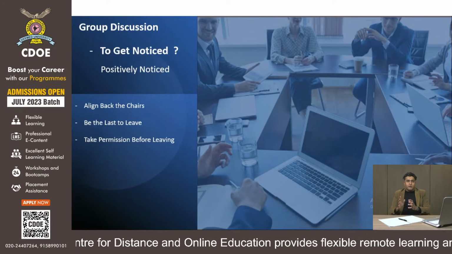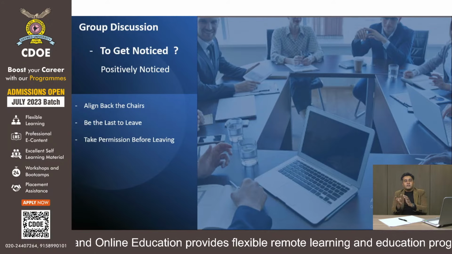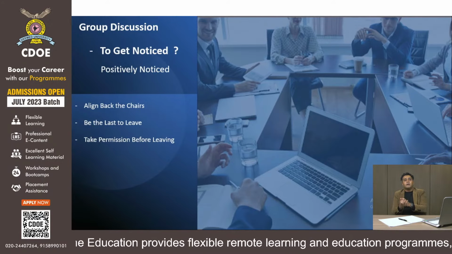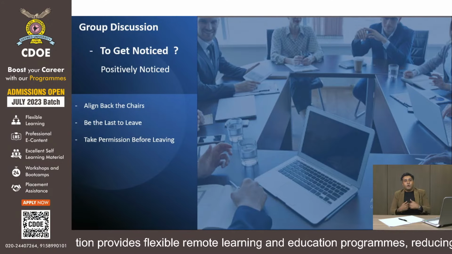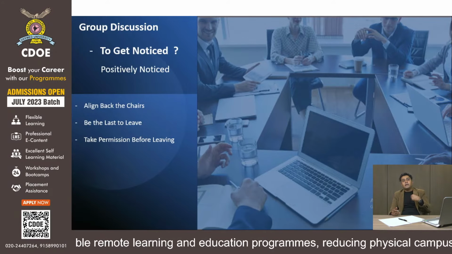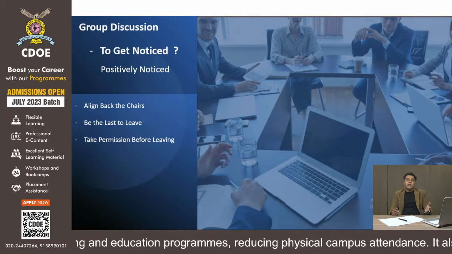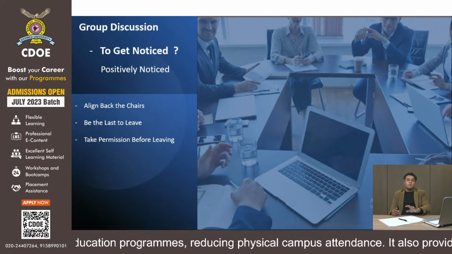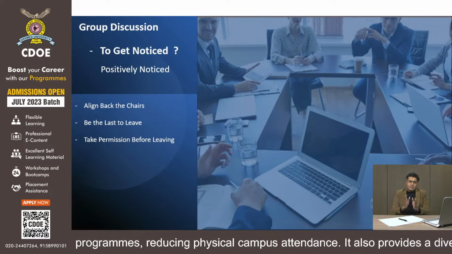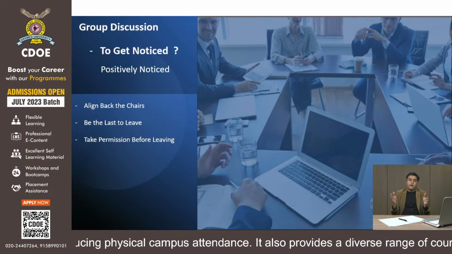Now, if there's someone who arranged that particular meeting, or someone from HR or someone from the team who has taken the initiative to organize it, just make sure that you take permission from him, so that if anything is left out, or if anything is to be done, he would ideally guide you, and then you can make a move.